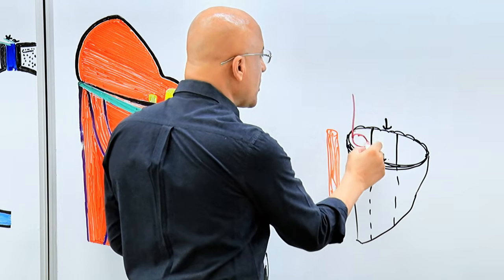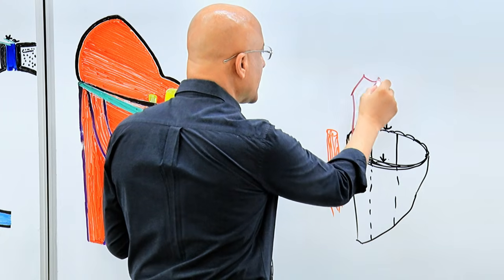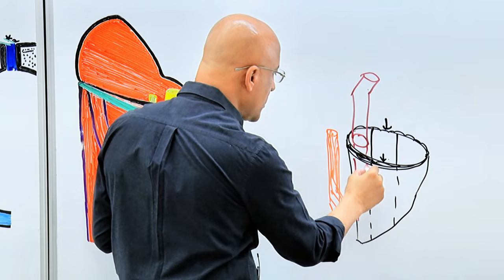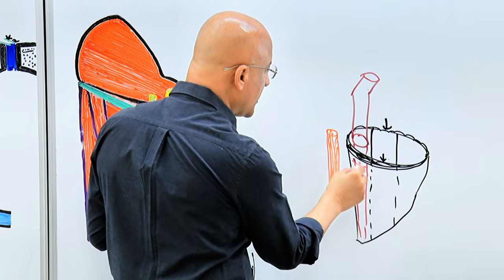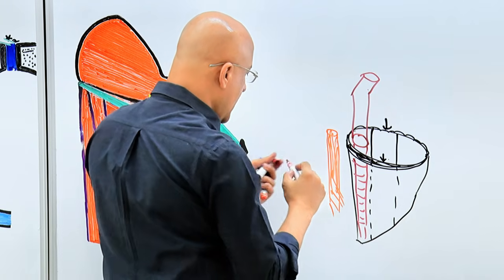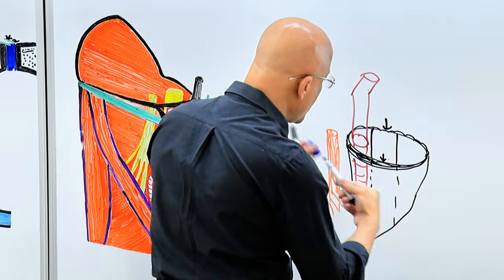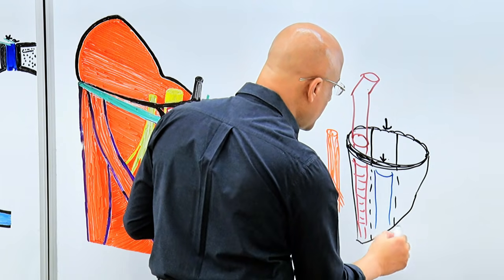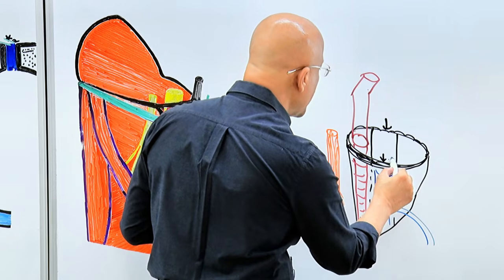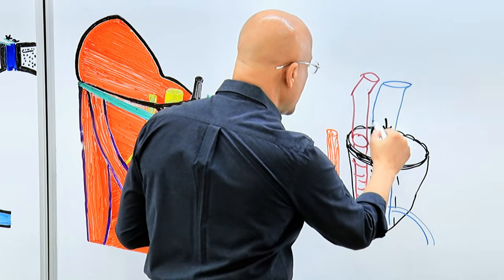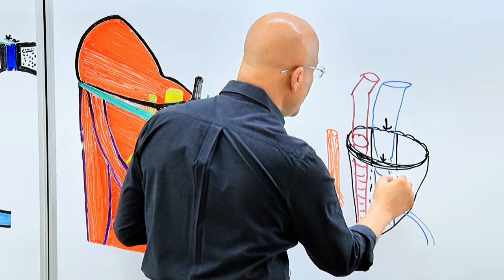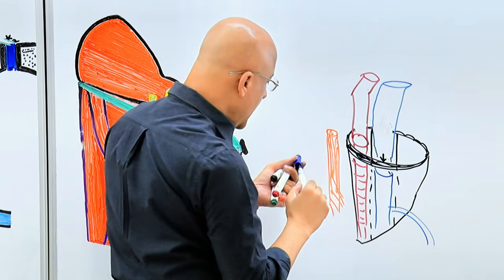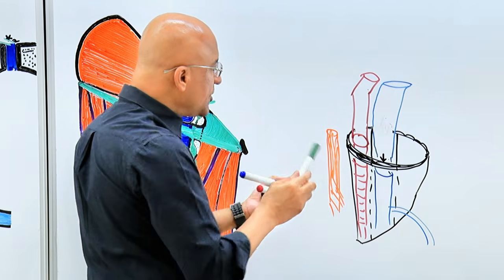This is up, this is the external iliac, and below, what is it? Femoral artery golden segment, right? And medially, what is here? Yes, the femoral vein. Maybe here the saphenous vein comes, but here which vein is going? The external iliac vein.